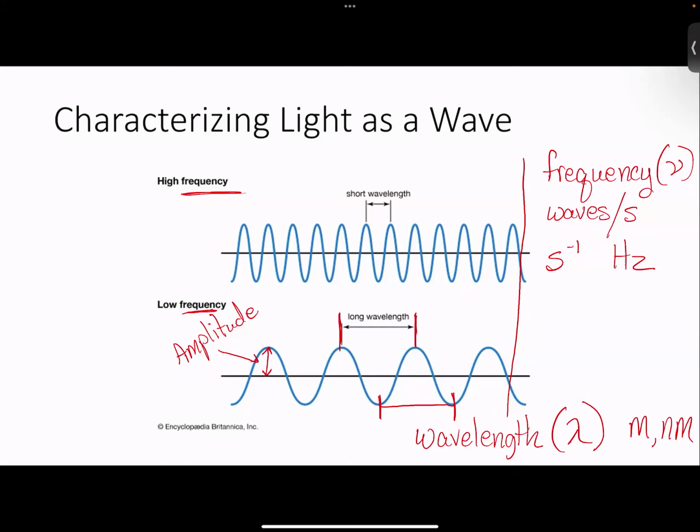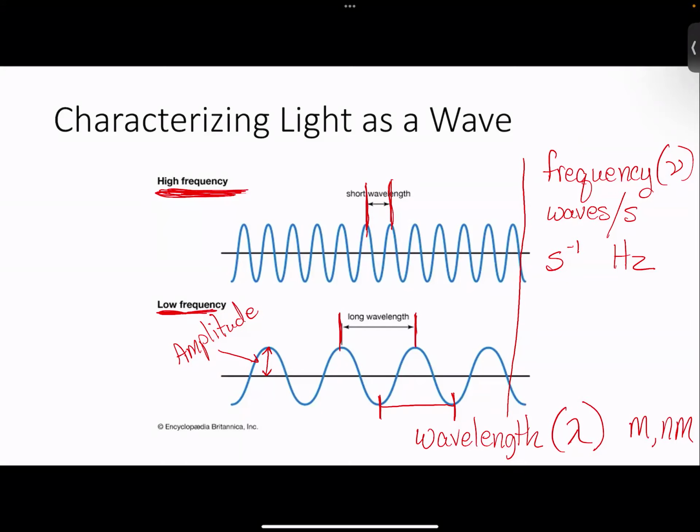Now, if you look carefully at this diagram, the high frequency wave, meaning there are lots of waves that occur per second, has a short wavelength. Whereas the low frequency wave, which means few waves pass a given point in a second, has a long wavelength.